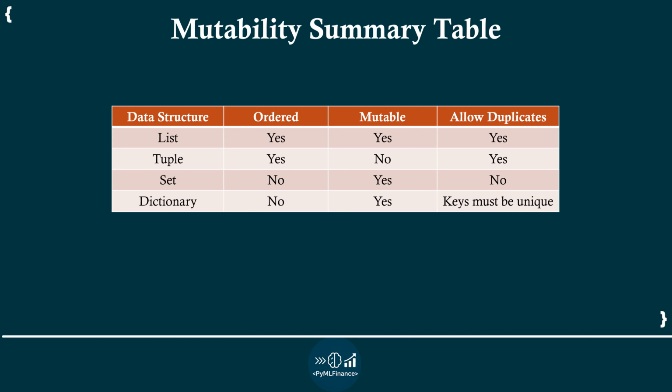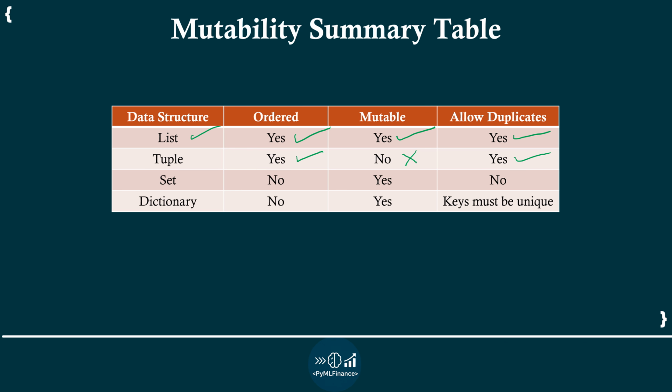You should take note of this or take a screenshot of this table. Lists are always ordered, mutable, and allow duplicates. Tuples are ordered, but they don't allow mutability. I mean, you cannot change the data of a tuple, and they allow duplicates.